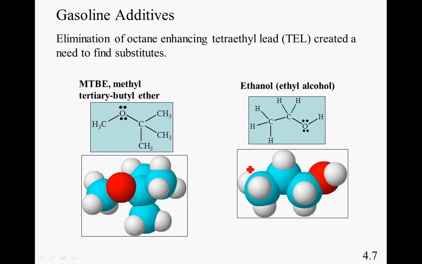The chemicals you see on the screen now are the new additives that chemists are using to increase octane level of gasoline. In addition to not containing lead, researchers have noticed that the gasoline is burning cleaner with less pollutants. That's why you always see unleaded gasoline.